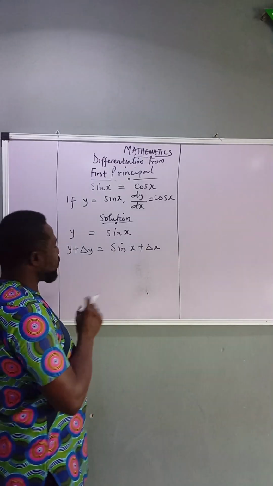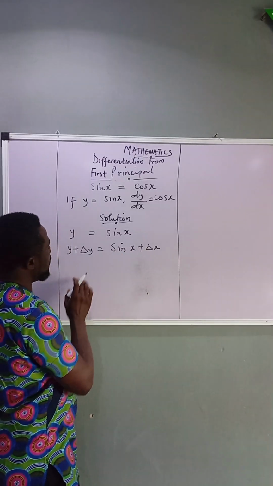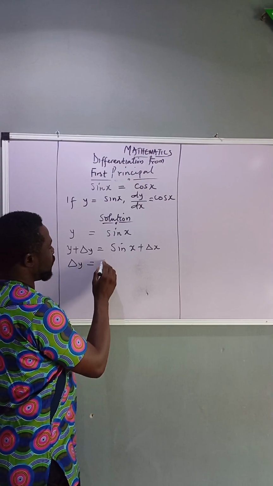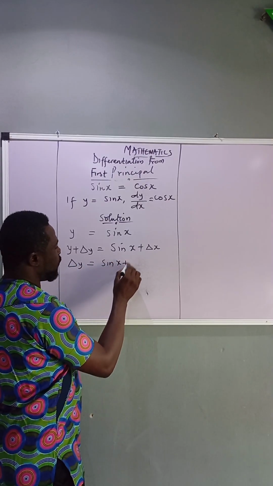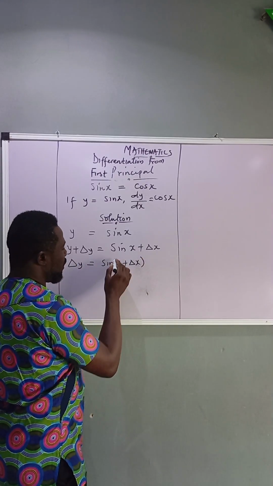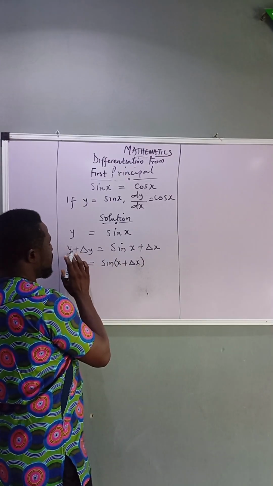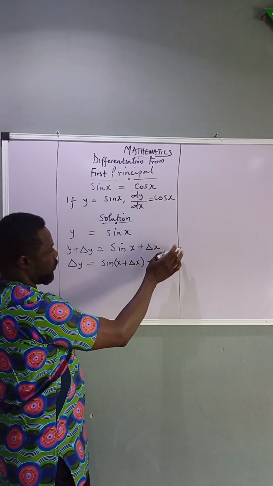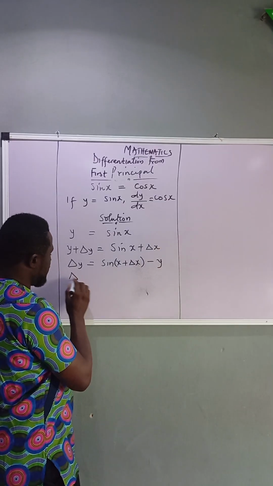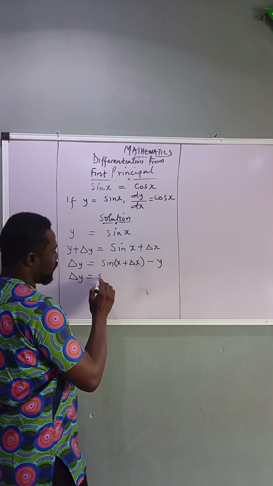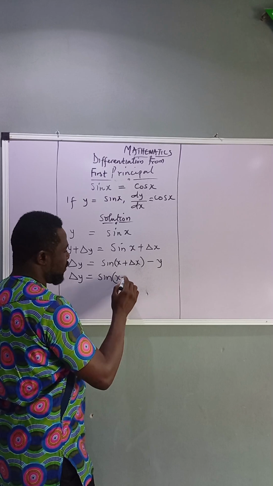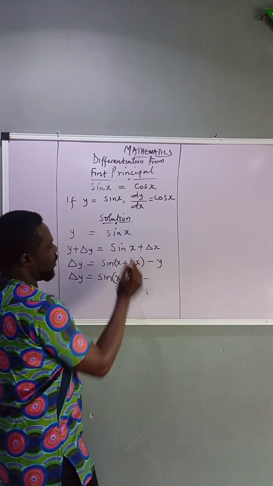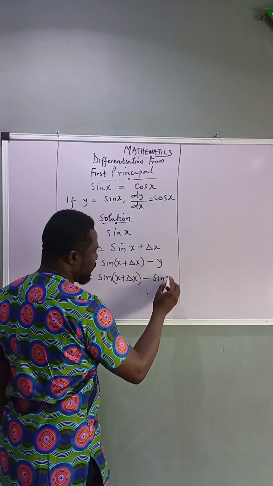When we do this, we are going to collect like terms and say delta y is equal to sine x plus delta x. Let me close it with a bracket. Minus y. Plus y moves and becomes minus y. We say delta y will give us sine x plus delta x minus y, and y is equal to sine x.